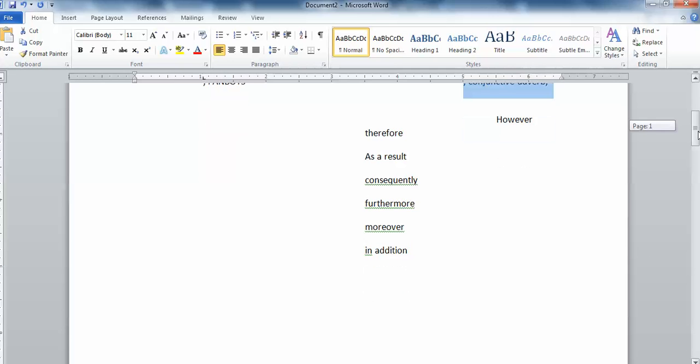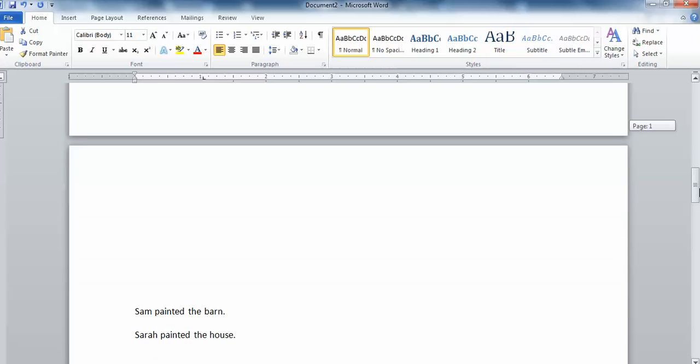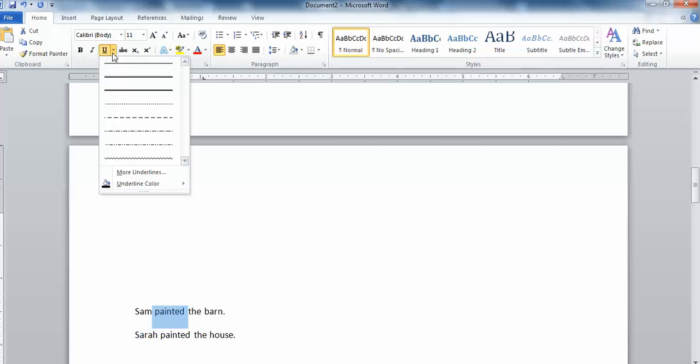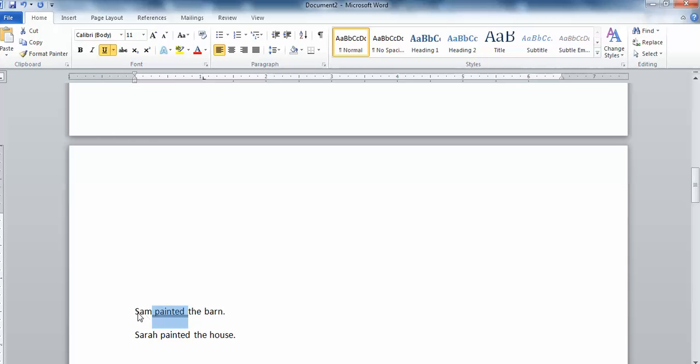Here are two sentences. Sam painted the barn, Sarah painted the house. I think we can agree that these are both independent clauses. Here's the verb, and here's the subject. It forms a complete thought, right?